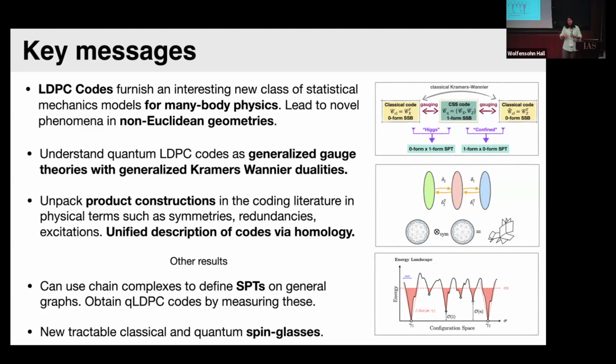And I'll end with saying a major open question in the study of LDPC codes is how to do logical gates on these. Okay, so everything I've told you about right now is how you encode a large density of logical information. But once you have a large density of logical information, you actually don't want it to just sit there. You want to start doing ideally a universal gate set on those logical qubits. But the same features that make them good codes also make them very hard to operate on.